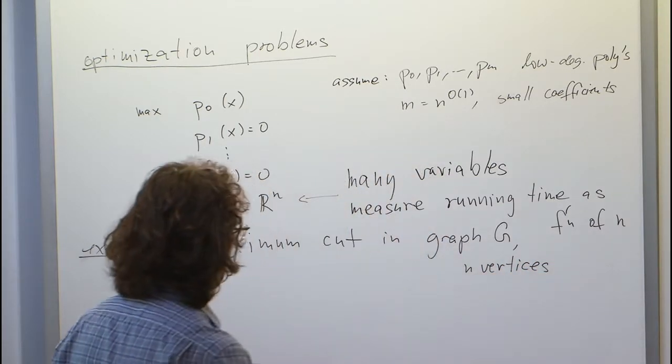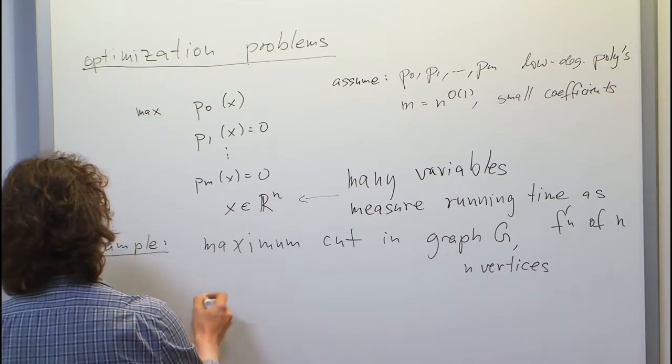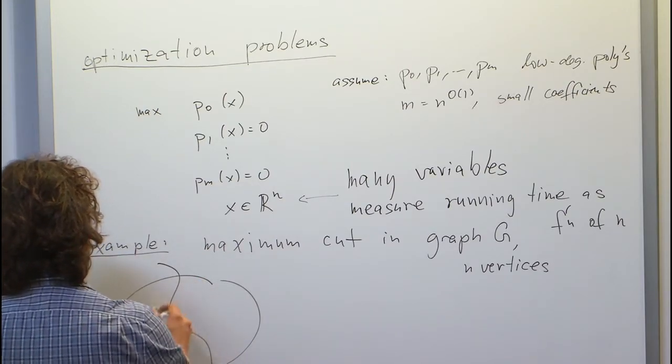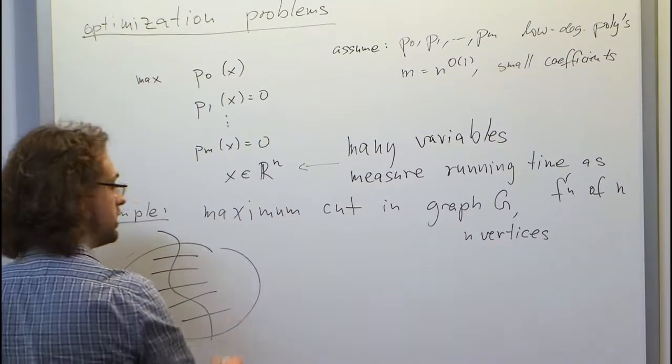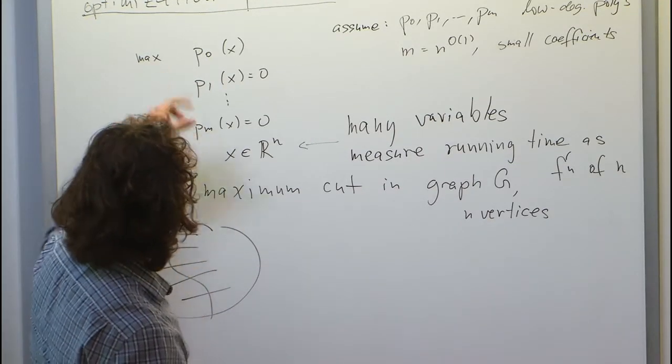We want to find a bipartition of the vertex set of the graph such that the number of edges that cross the bipartition is as large as possible. So how can we encode it in this way?